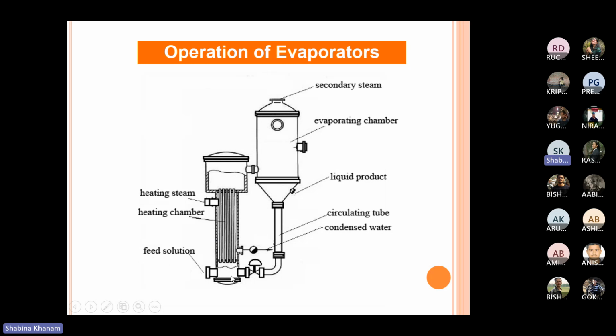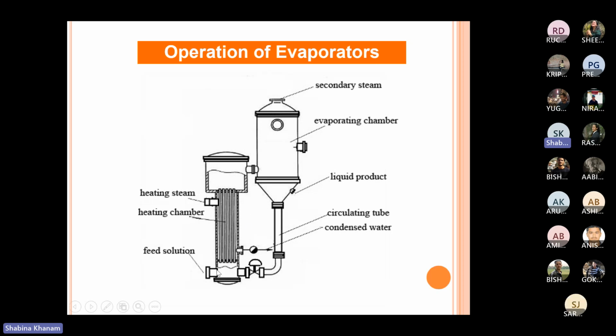So feed always enters into the tube. Feed enters from here and then moves upward through these tubes. While moving upward, it exchanges heat with the steam, and then vapor formation occurs.